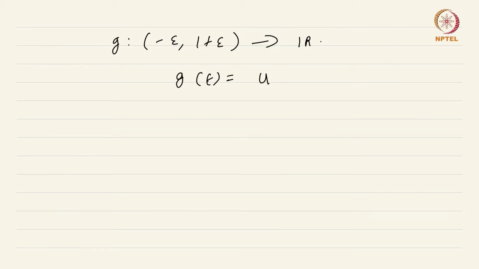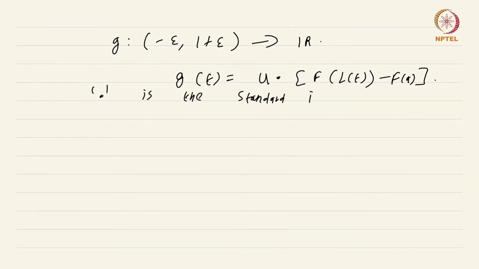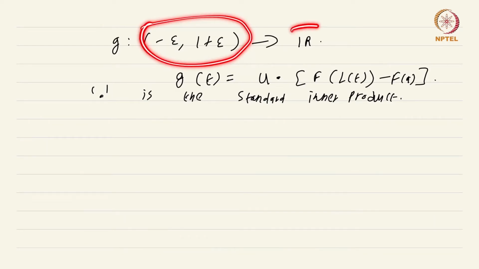G of t is just this vector u dot product, the standard dot product, f of L of t minus f of a. So here of course dot is the standard inner product. So we have manufactured a function that maps this interval (minus epsilon, 1 plus epsilon) to the real numbers.